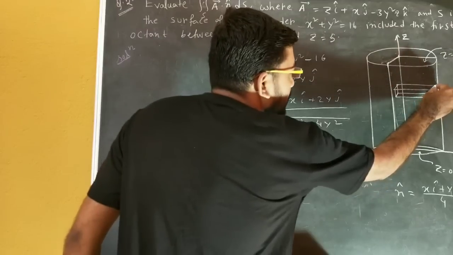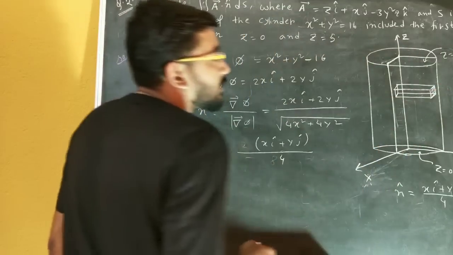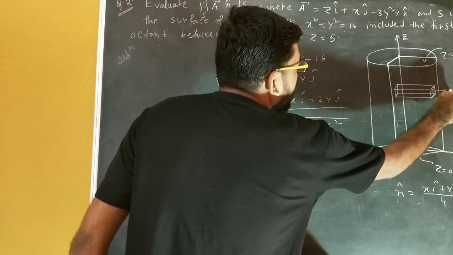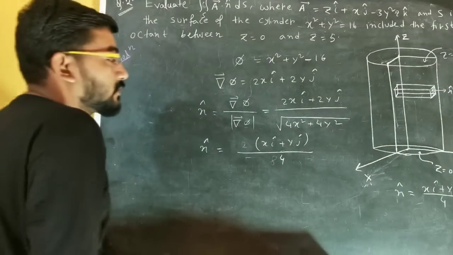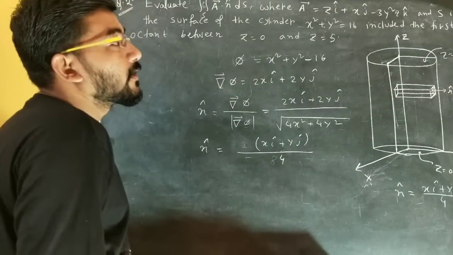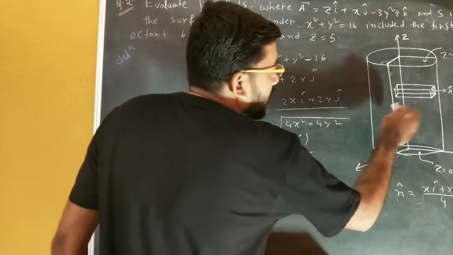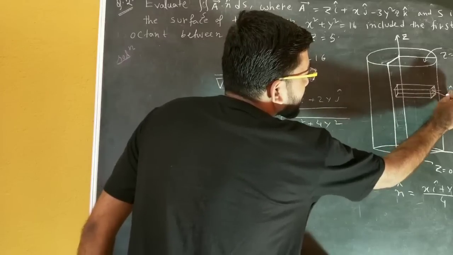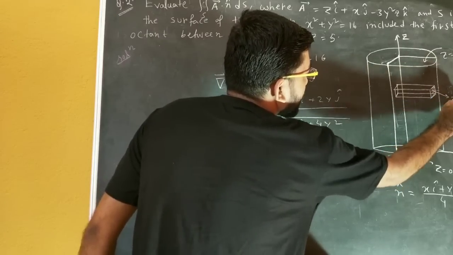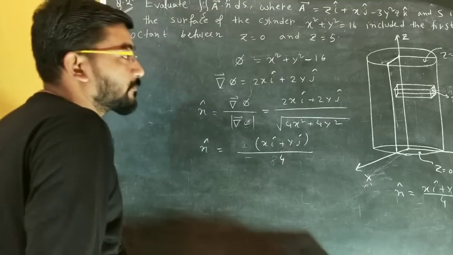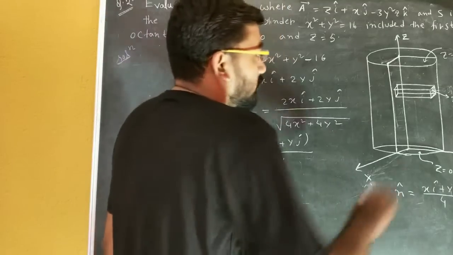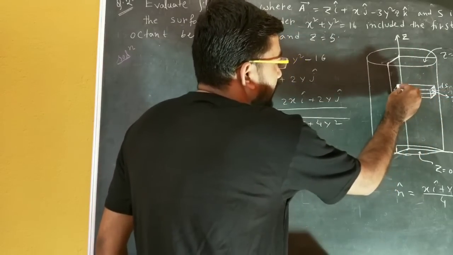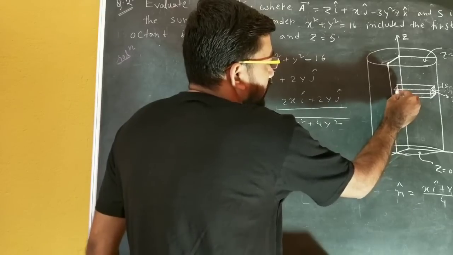So this is your surface, and the unit vector of this surface is along this direction. Actually this is not parallel to the y axis, you should remember. Let me suppose this is the n cap, and this is the dS, and we have to take the projection of dS on this plane.